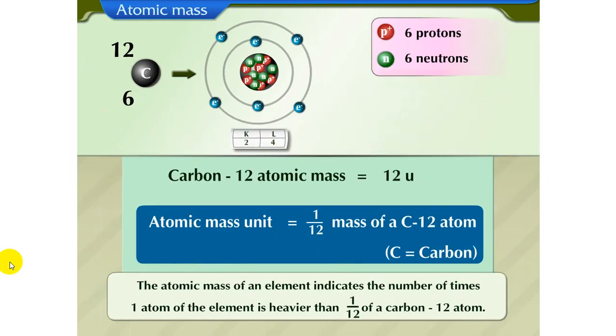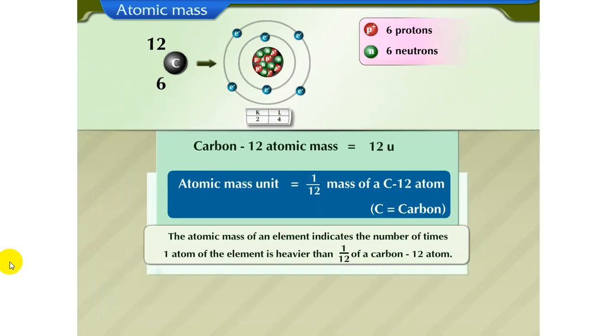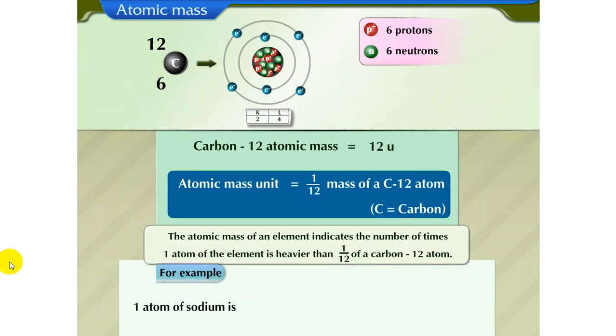The atomic mass of an element indicates the number of times one atom of the element is heavier than 1/12 of a carbon-12 atom. For example, 1 atom of sodium is 23 times heavier than 1/12 of a carbon-12 atom.